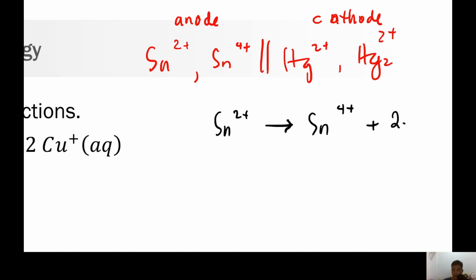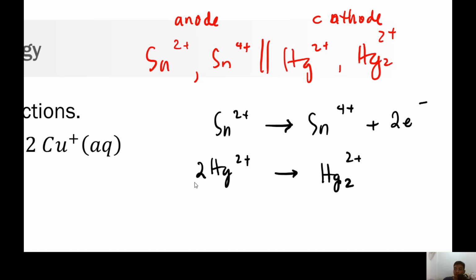Balancing that will give us 2 electrons on the product side. For the cathode, we have Hg2+, and on the right side, we have Hg2 2+. So we have to balance first the mercury.